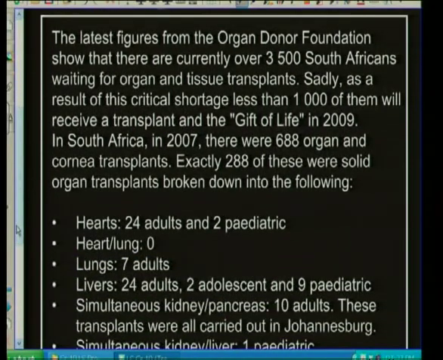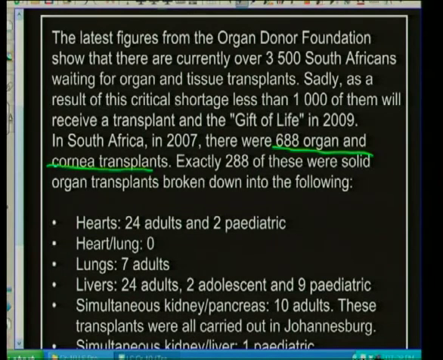The latest figures from the Organ Donor Foundation show that there are currently over 3,500 South Africans waiting for organ and tissue transplants. Sadly, as a result of this critical shortage, less than 1,000 of them will receive a transplant and the gift of life in 2009. In South Africa, in 2007, there were 688 organ and cornea transplants.